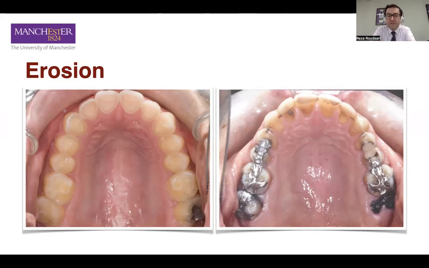And because of the content from the stomach, you can see that in particular, the palatal surfaces of the upper anterior teeth are significantly affected. Normally with acid erosion, if it's intrinsic, i.e. coming from your stomach, it's the palatal and incisal surfaces of the upper teeth which are massively affected, as well as the occlusal of the lower molars.